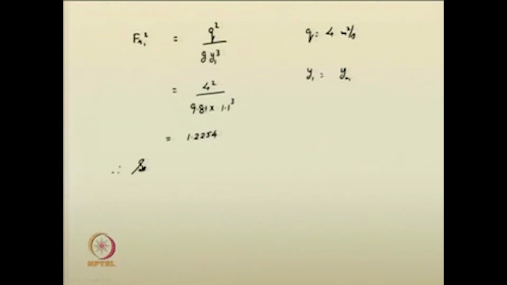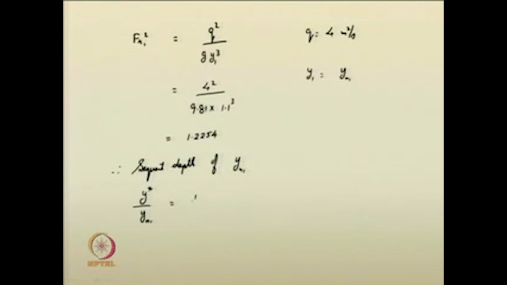Therefore, the sequent depth of yn1 can be computed by the following relationship: y star by yn1 is equal to half of minus 1 plus root of 1 plus 8 Fr1 squared, because this is a rectangular channel.